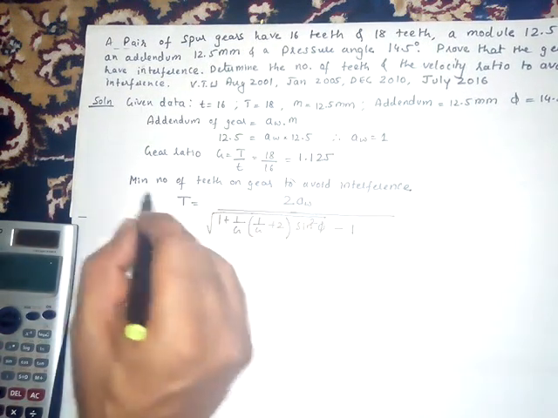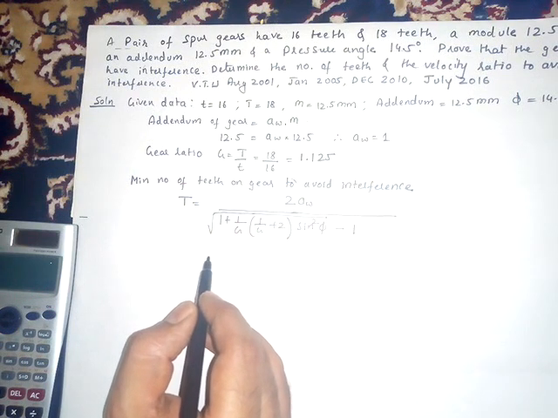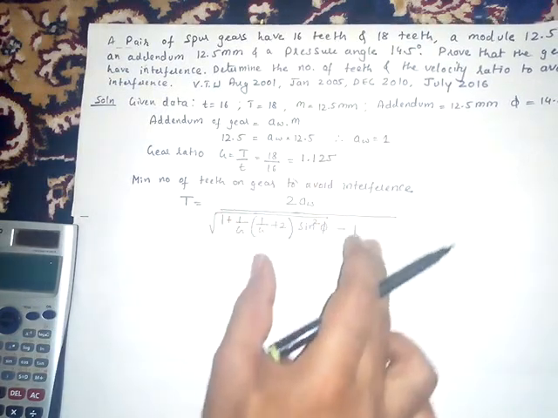So this is the equation for minimum number of teeth on gear to avoid interference. Now we need to find the value of T using all these parameters.